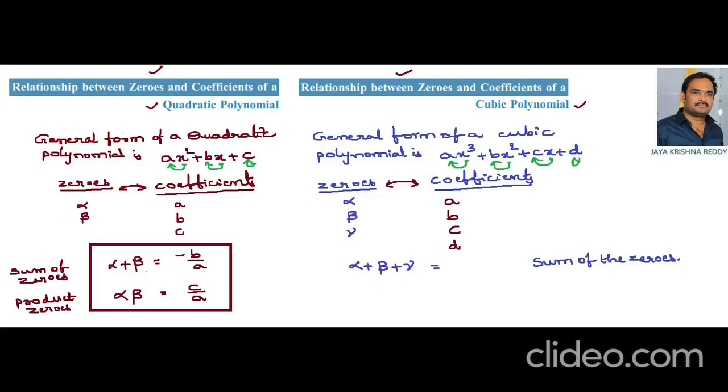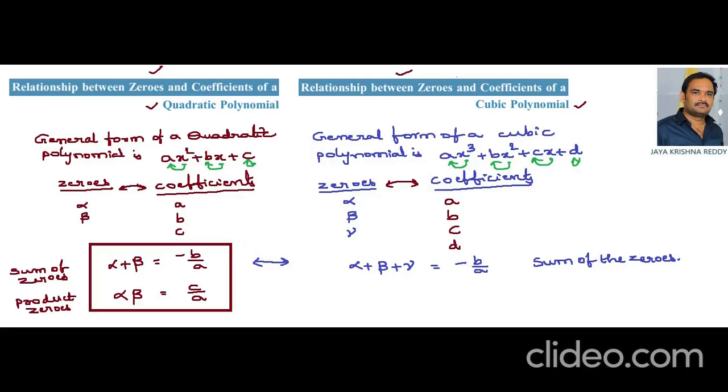In the cubic polynomial three zeros are there, so we write alpha plus beta plus gamma, and the right hand side is the same as in the quadratic polynomial, minus b by a.